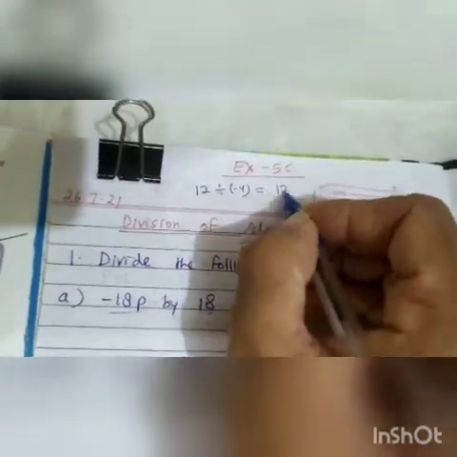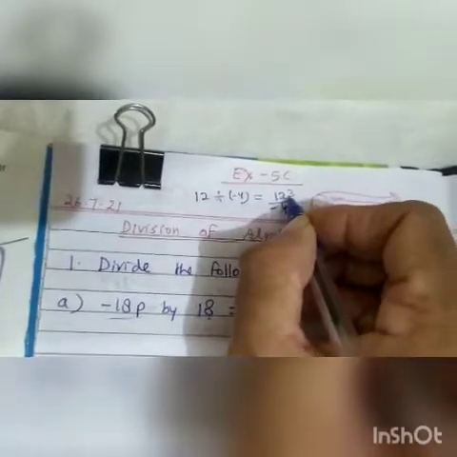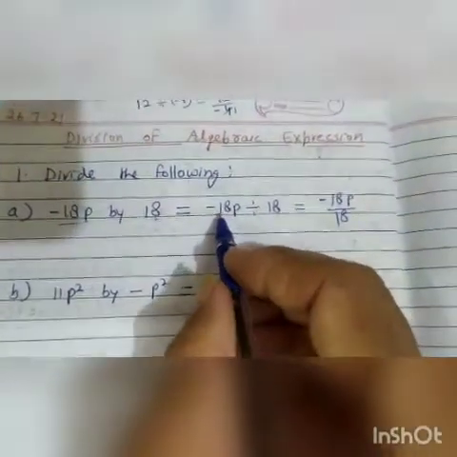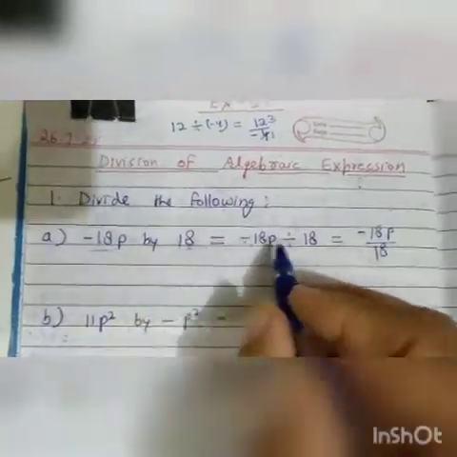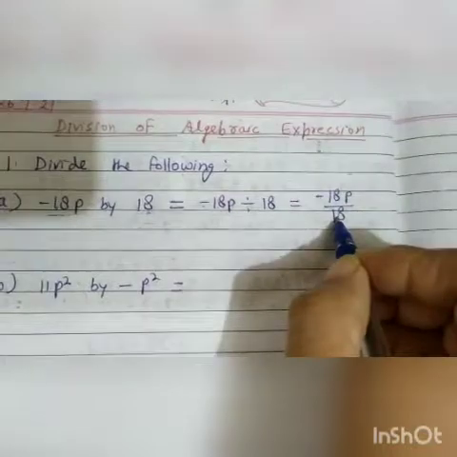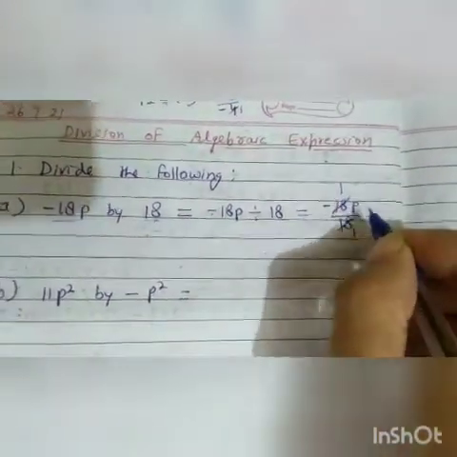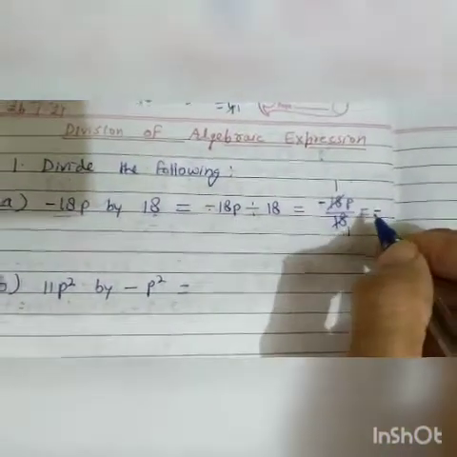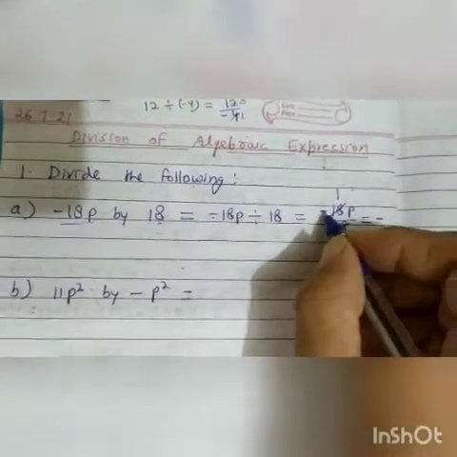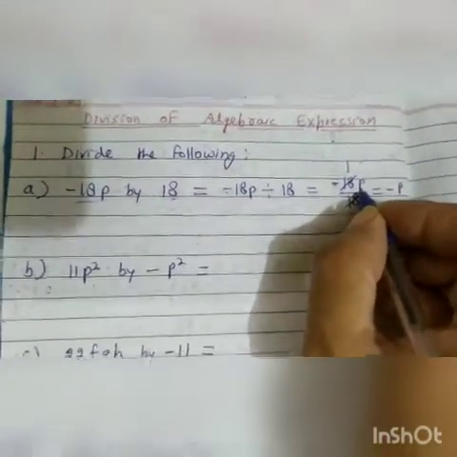We will write it 12 upon minus 4. Then 4 ones are 4, 4 threes are 12. In the same way, we will write minus 18p upon 18. This 18 can be simplified. 18 ones are 18, 18 ones are 18. It means this minus 1, we will not write 1 in algebra. So minus p. Our answer is minus p.